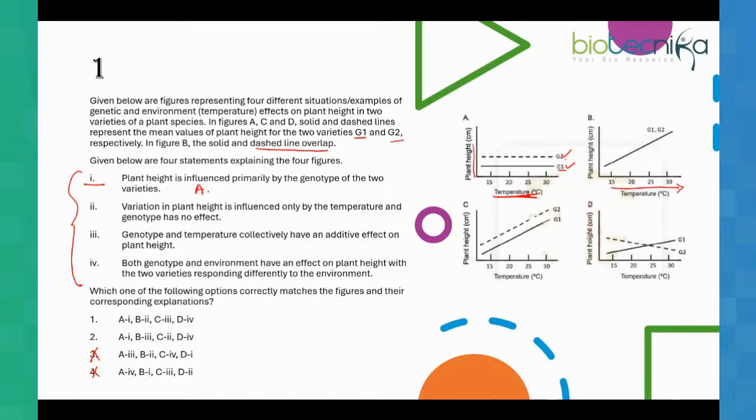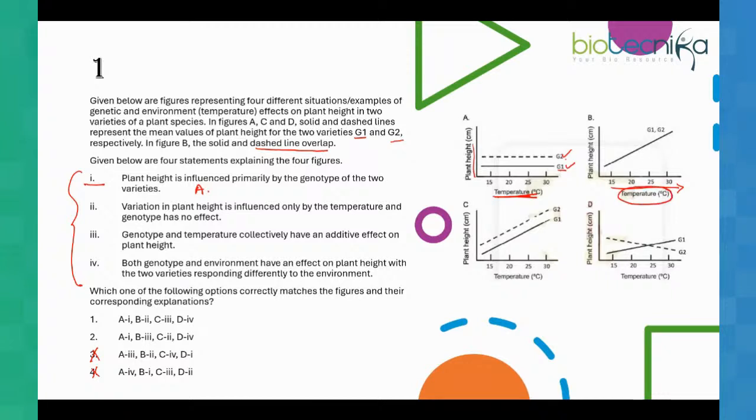As temperature is increasing, height is increasing. Because G1 and G2 both show the same height and the same change in height, genotype doesn't have much effect on this particular trait. So this trait is primarily governed by which factor? By temperature.